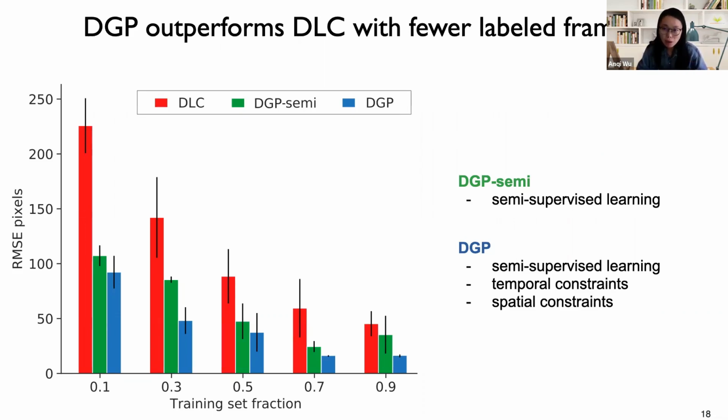By looking at this bar plot on the left, we can tell that the semi-supervised part improves the performance substantially, especially in the sparsely labeled regime where the training set fraction is small. And the performance can be further improved when we include spatial and temporal components as in the full DGP model.